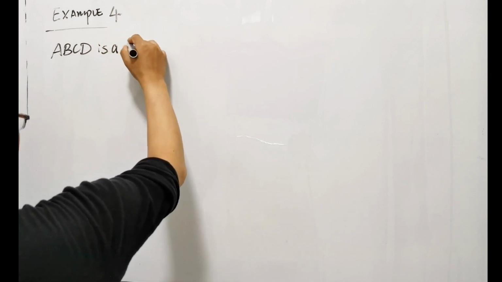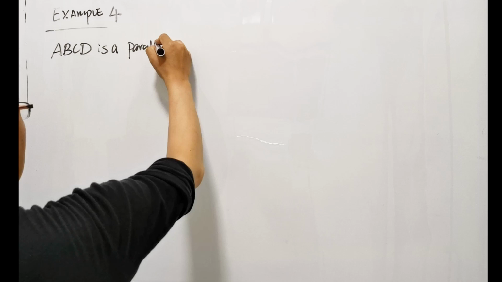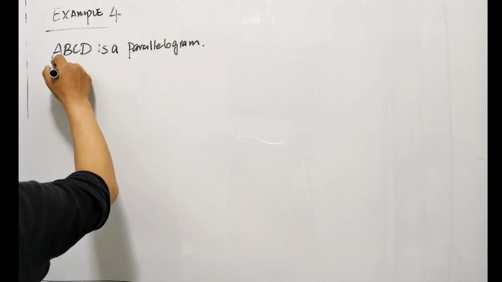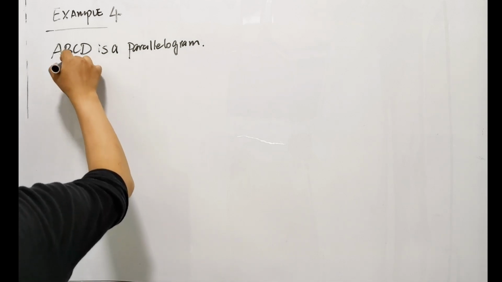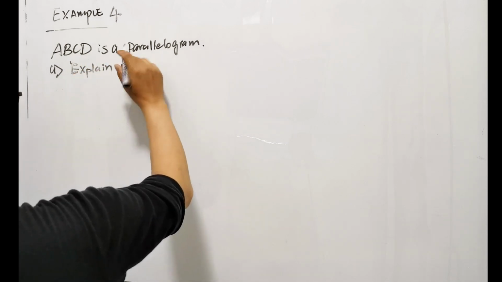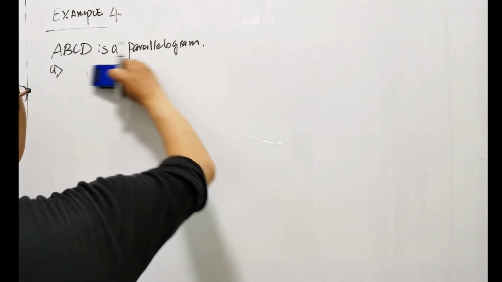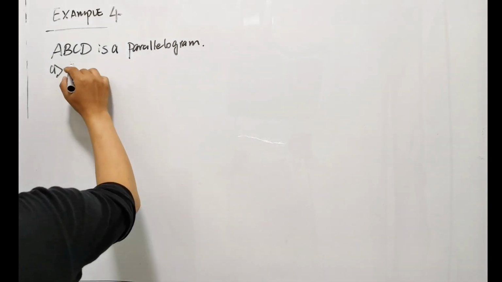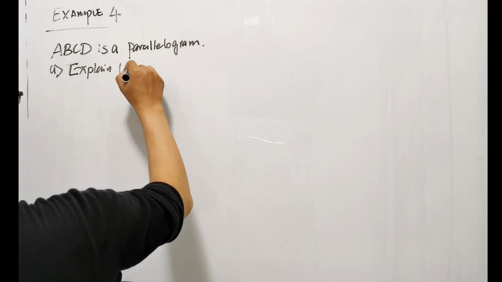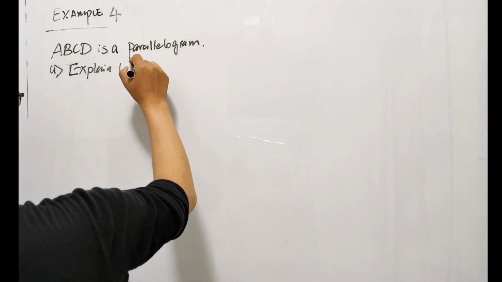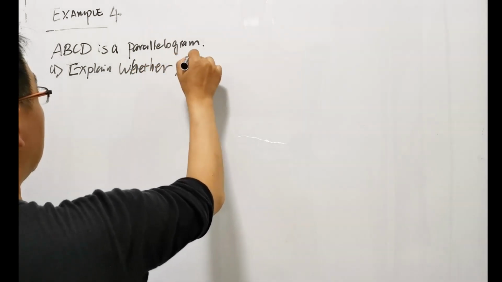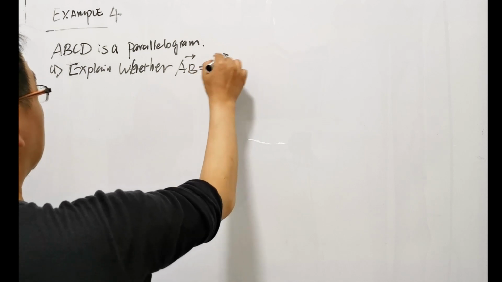The first one is to explain whether AB equals DC.